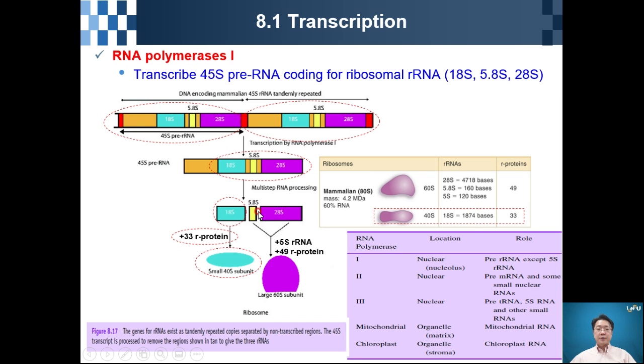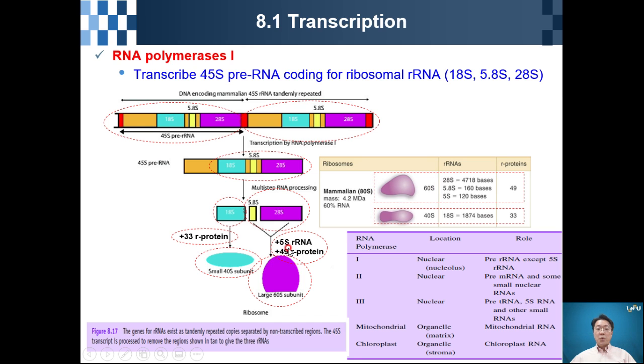How about the 5.8S rRNA and 28S rRNA? In this case, 5S rRNA is added, and additionally 49 ribosomal proteins are added. So they make the large 60S subunit, like this.